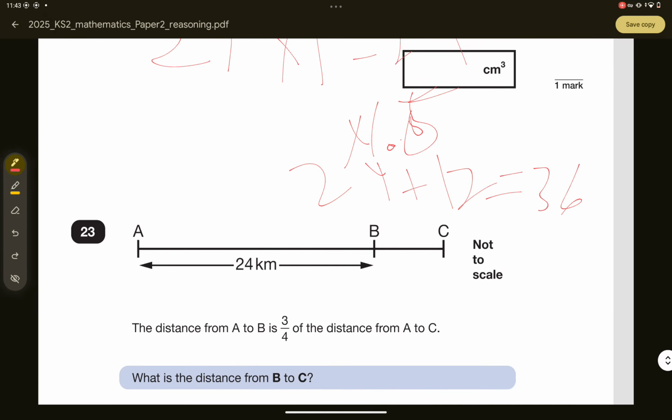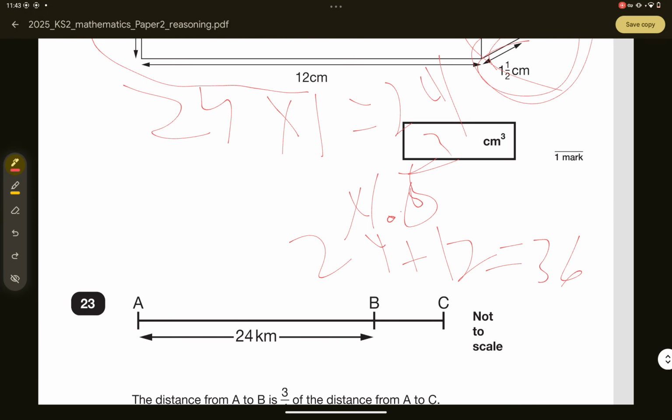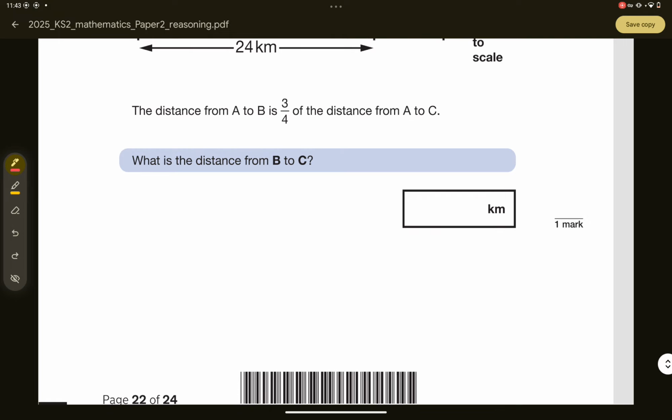And 24 times 0.5 is the same equation as 24 divided by 2. So yeah, anyways, the answer would be 36, and we can move on.